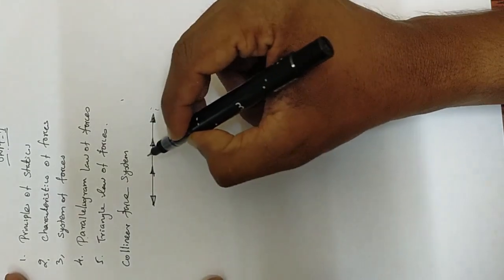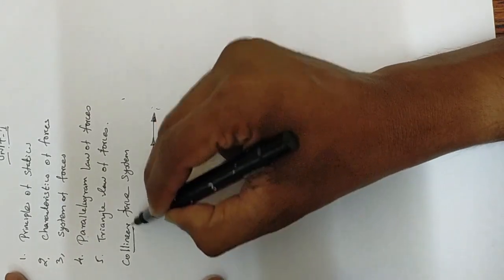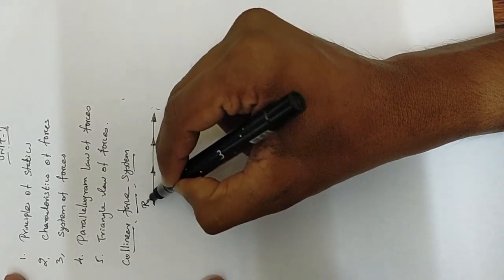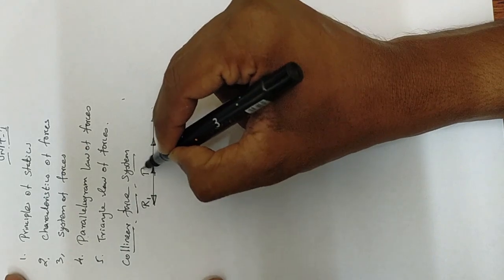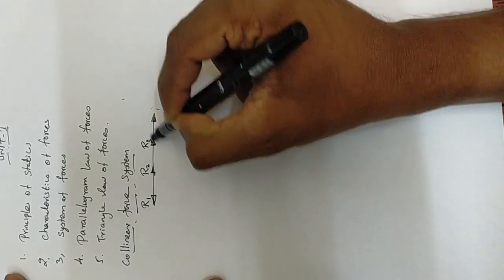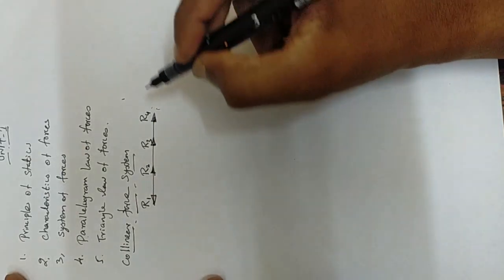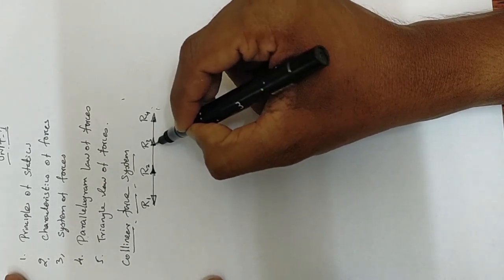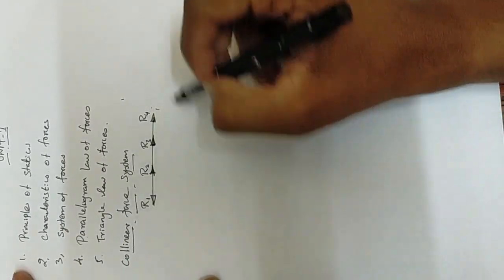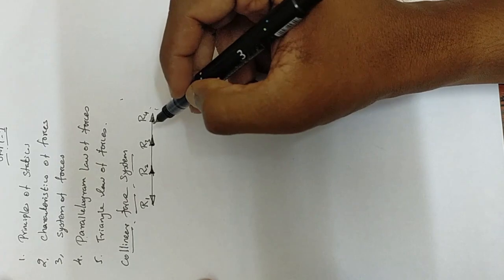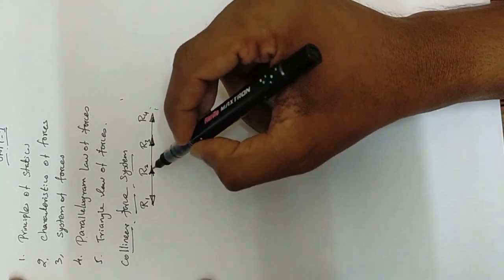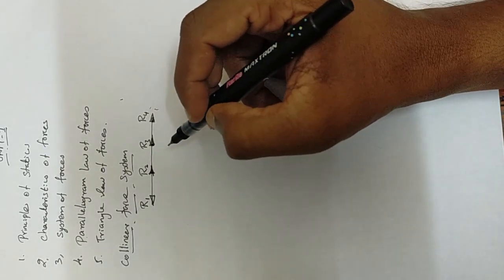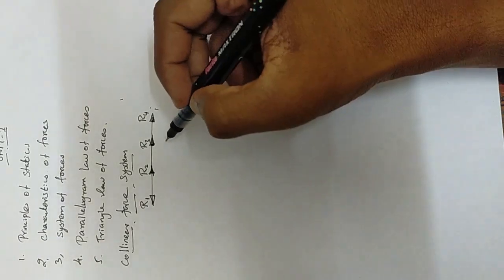This kind of force is called a collinear force system. Maybe this force is R1, this is R2, this is R3, and this is R4. Here we should find the resultant force of these four forces. The resultant force is very simple: we consolidate all these forces, and that is called the resultant force.